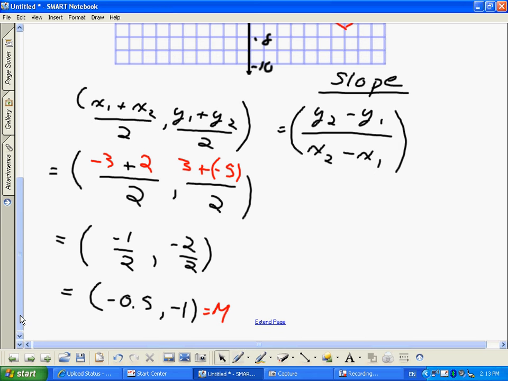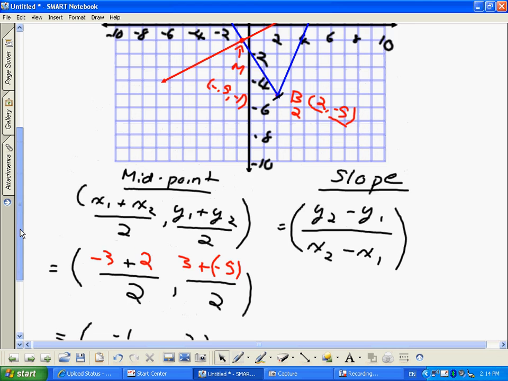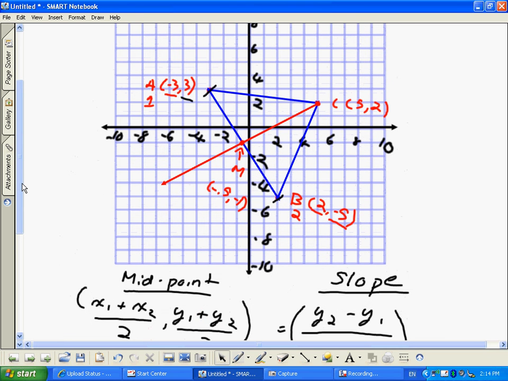Slope of a line: we have our y2 subtract y1 over x2 subtract x1. That was midpoint; we're dealing with slope now. We need 2 points in order to find the slope.